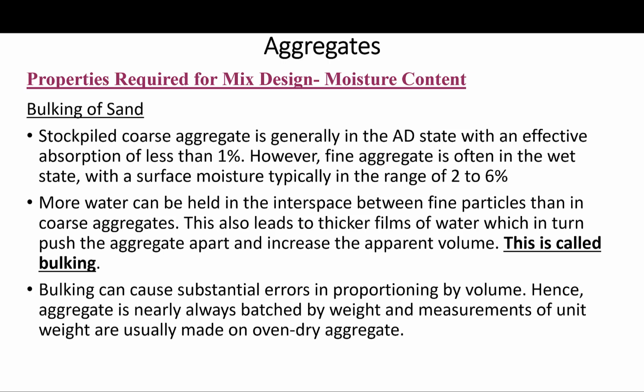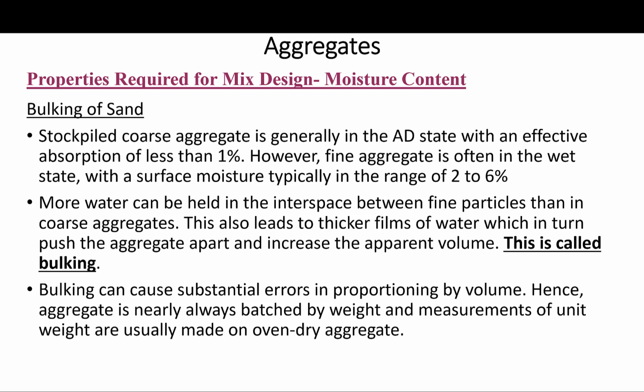The formation of this meniscus creates thicker films of water between the aggregate particles, pushing them apart and increasing the apparent volume of the aggregate. This phenomenon is known as bulking and can cause substantial errors in proportioning by volume.